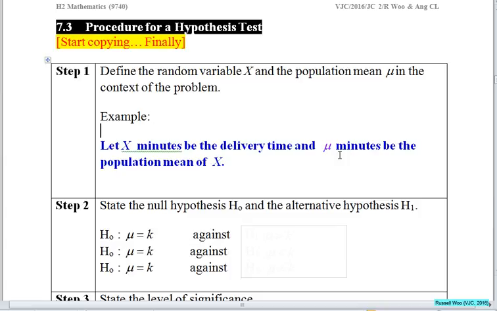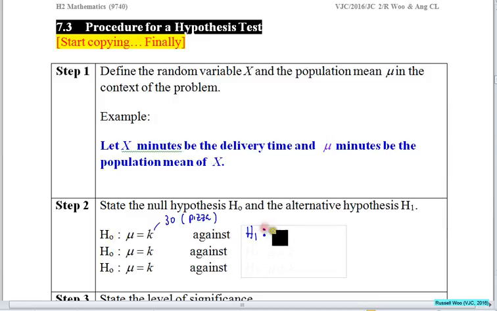Next, you have to state the null hypothesis and alternative hypothesis. In our example here, in the pizza delivery, our k was 30. Now, you decide whether you want to test H0 against your H1.